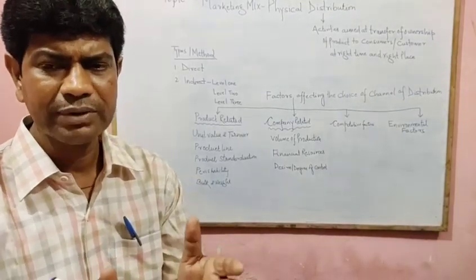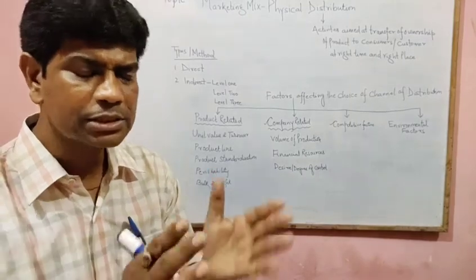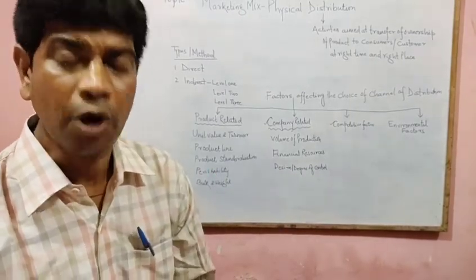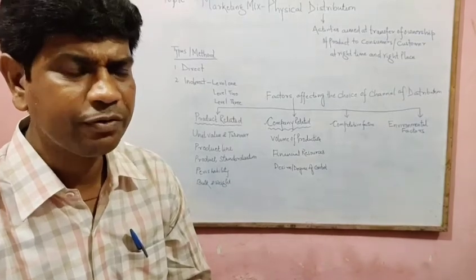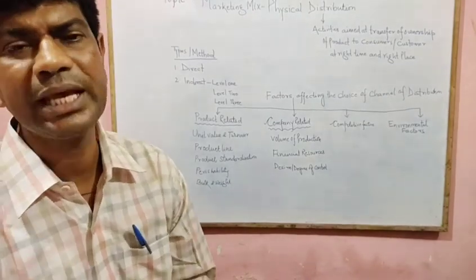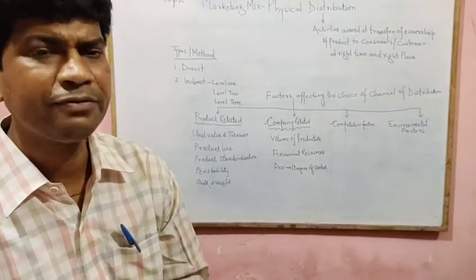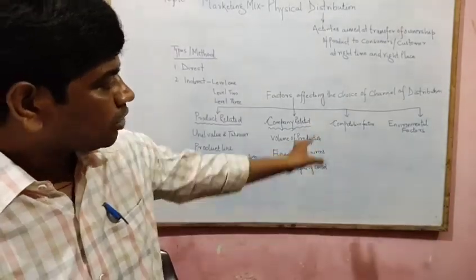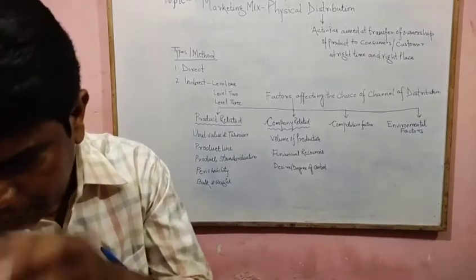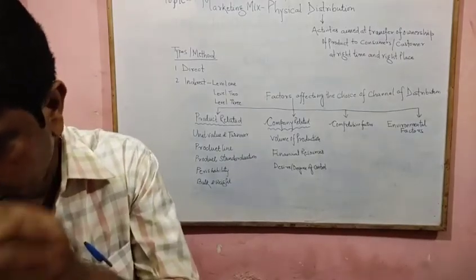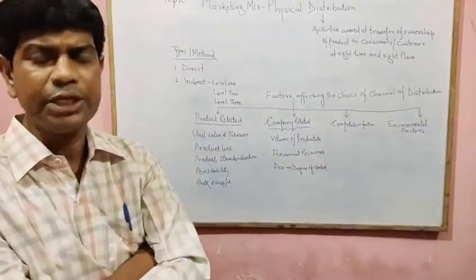He wants to have the economical advantage that his competitor is having, and therefore he may go for the same channel which his competitor is adopting. And therefore we say that competitive factors do affect the choice of a particular distribution channel.